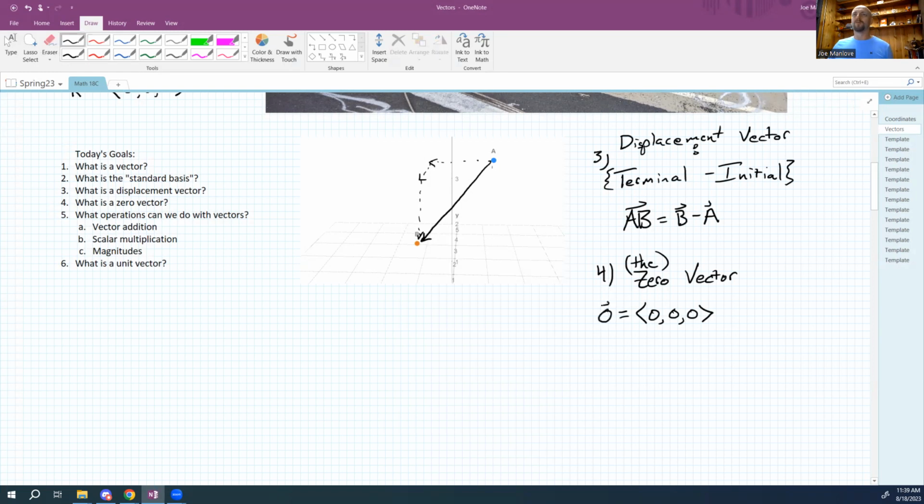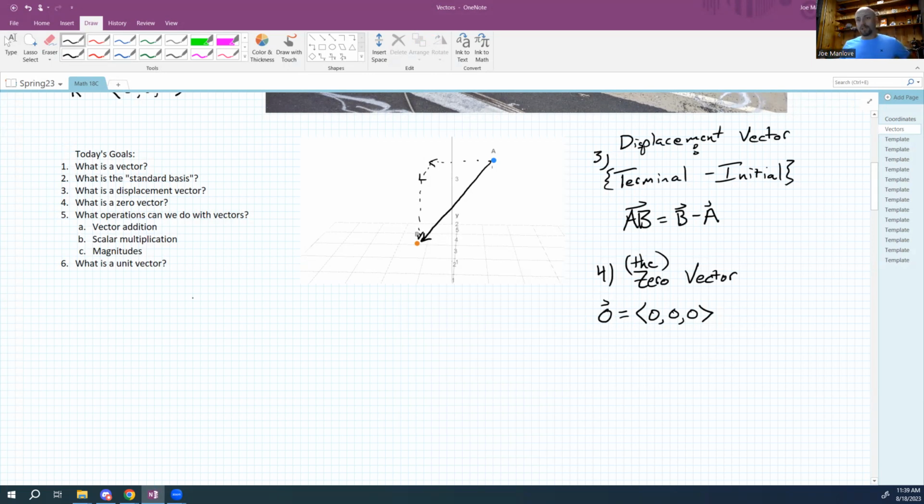So zero with a vector hat on it. That's the zero vector. This seems like it's going to be really useless, but it's actually really important. So we give it its own name. In linear algebra, there will be one of you that will be appointed to be the keeper of the zero vector. And that'll be a thing you have to do all semester because it is really important to make sure you keep track of it. So here we'll have a bunch of uses for it, which is why I'm naming it today.